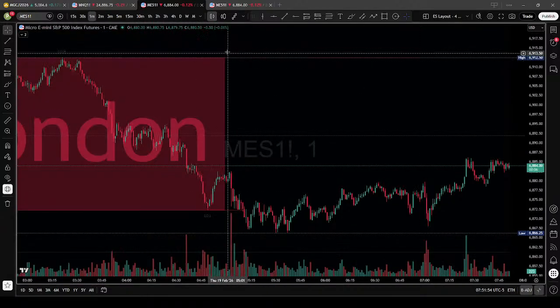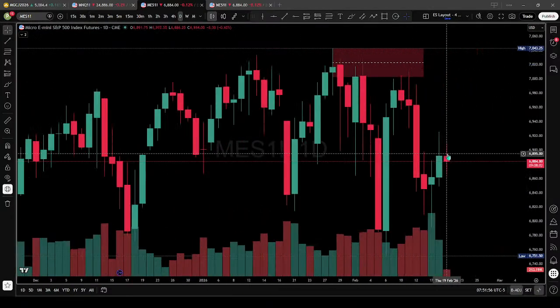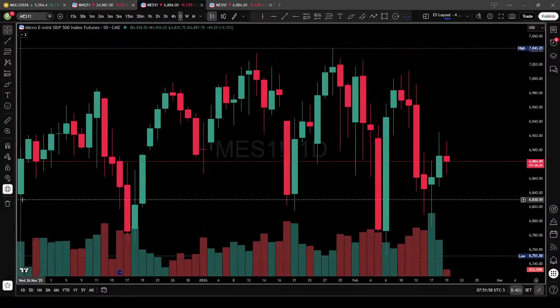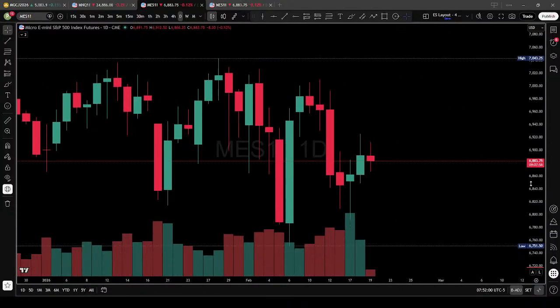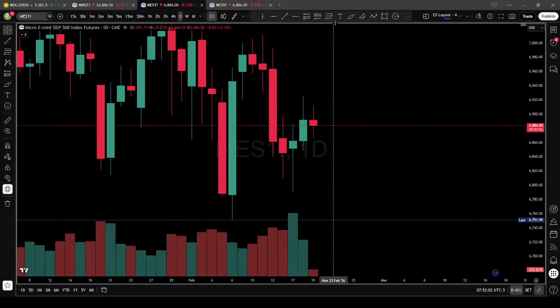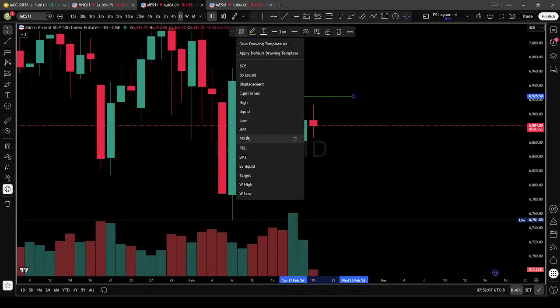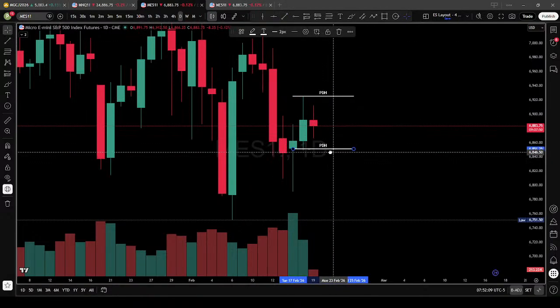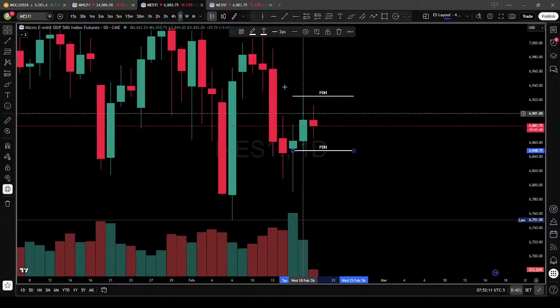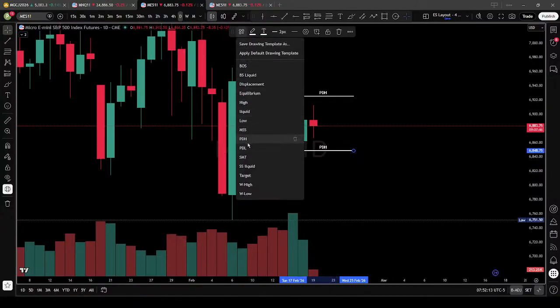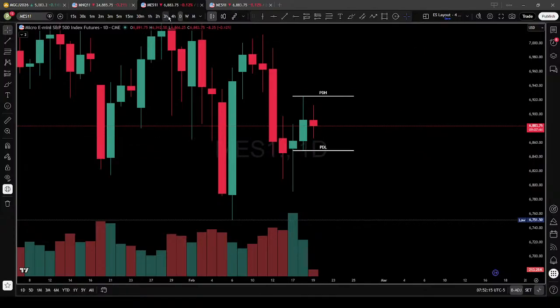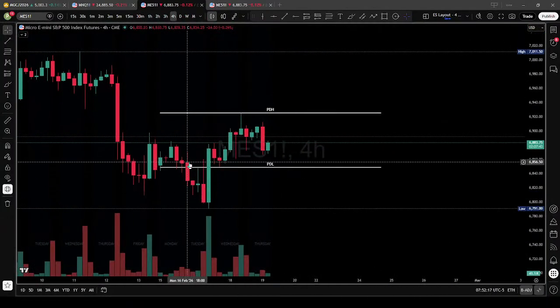Let's quickly do the analysis. Previous day high, come down, previous day's low. Go to a 4-hour time frame.